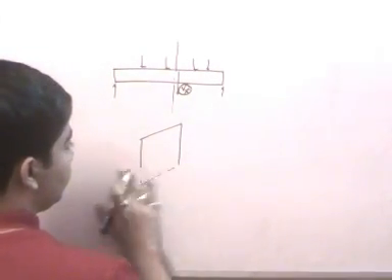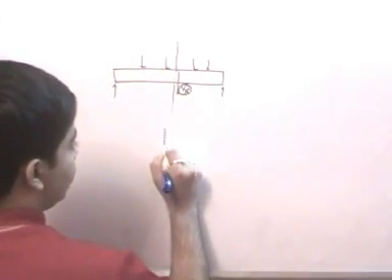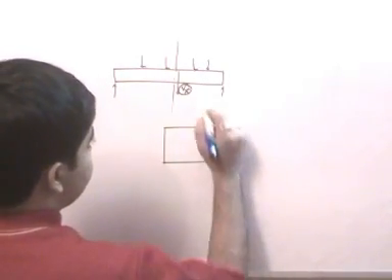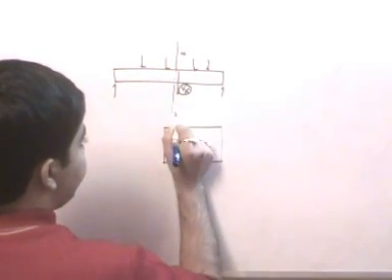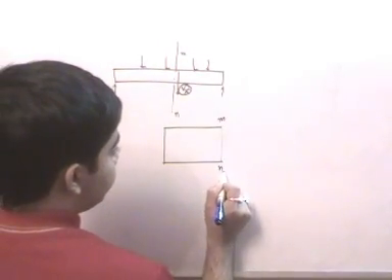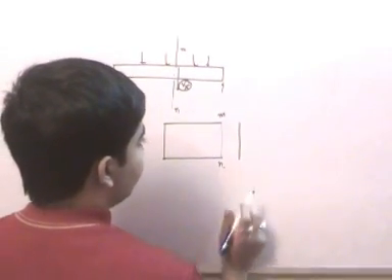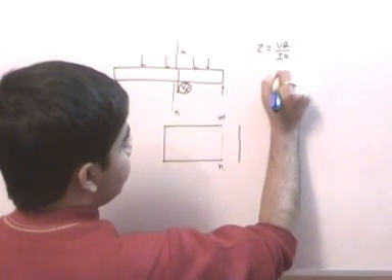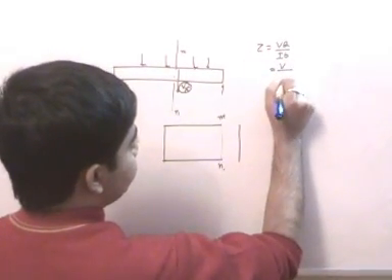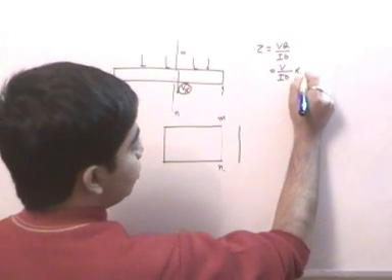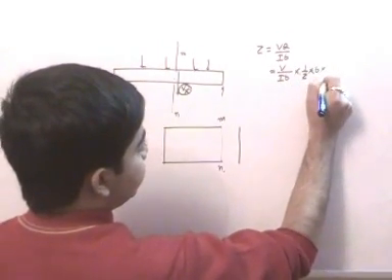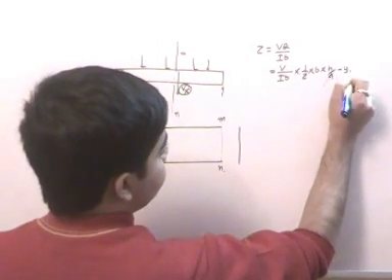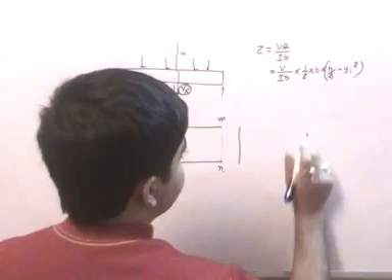If this is my cross section, and if this is suppose M, N, and here I am drawing MN, then essentially the shear stress will look like tau is equal to VQ by Ib, and Q is nothing but V by Ib into 1 by 2 into b into h by 4 minus y1 squared, right?